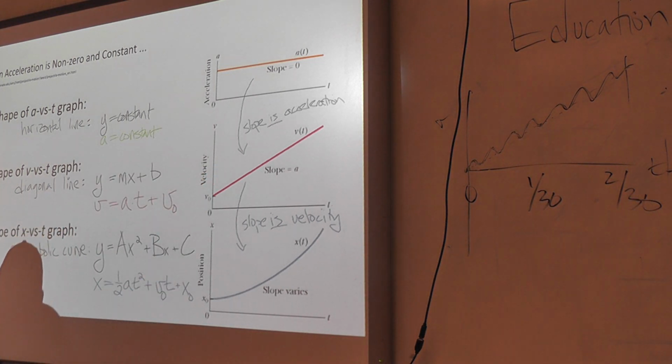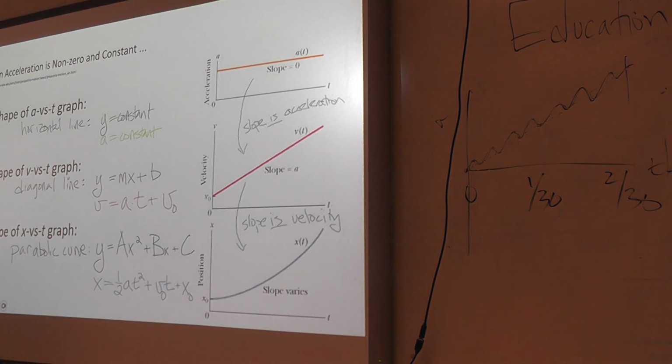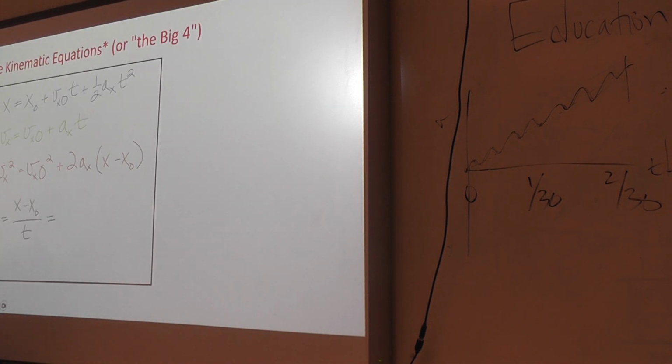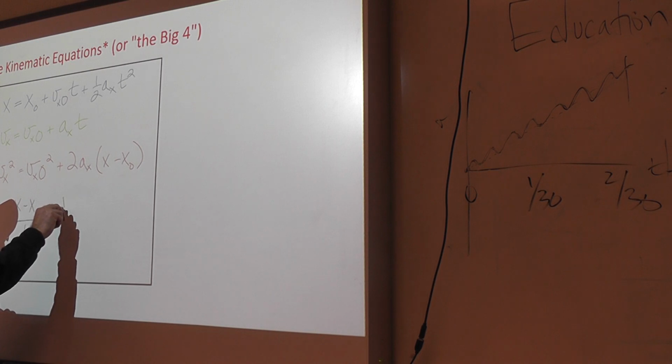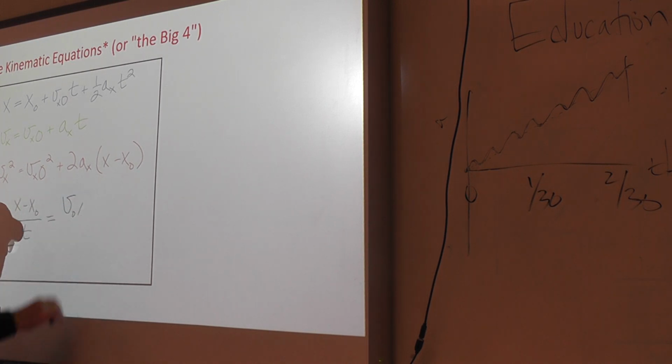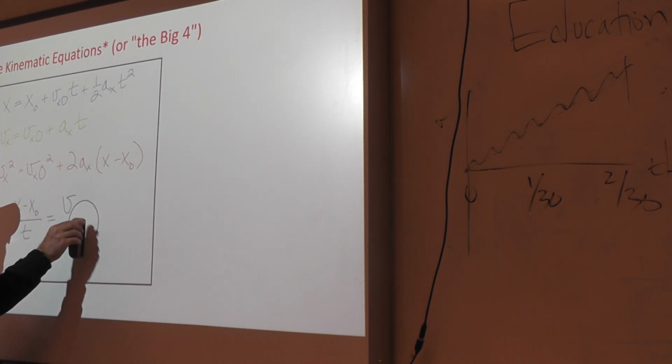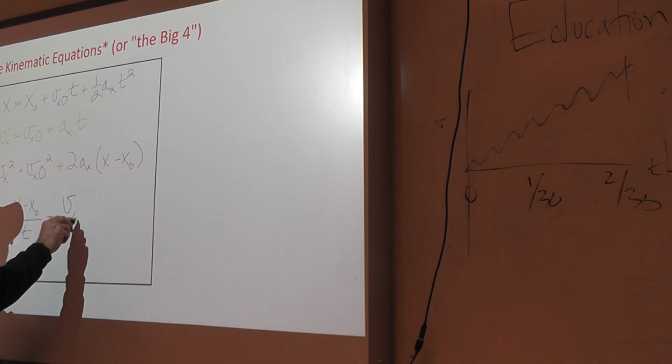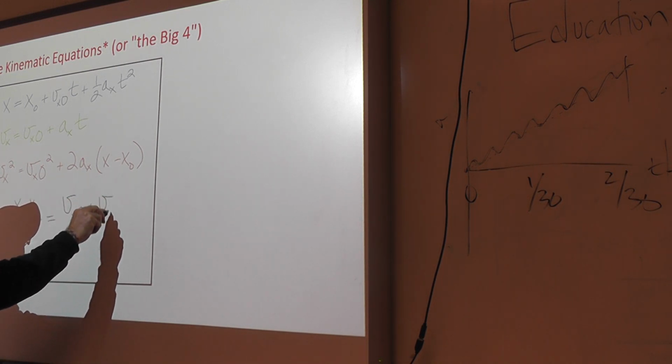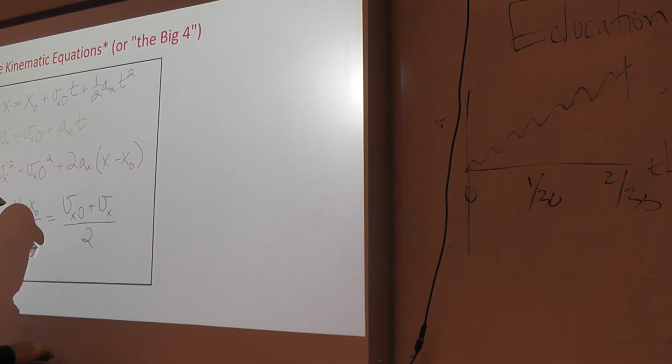That won't work if acceleration isn't constant. But if it is constant, then average velocity will be equal to initial velocity plus final velocity divided by 2.